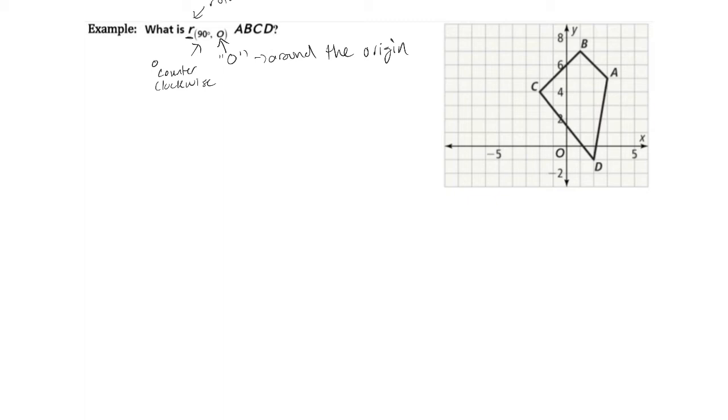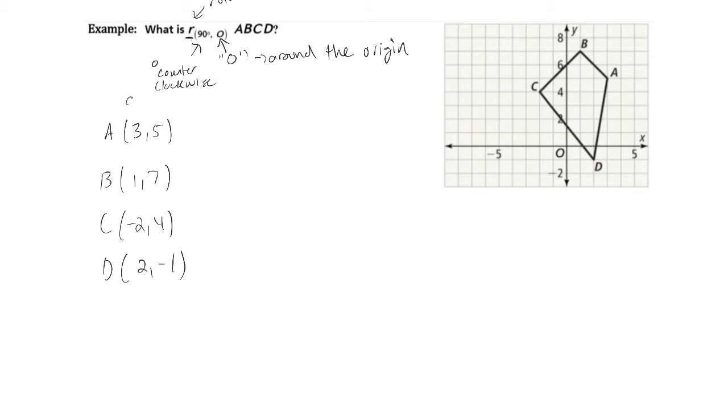Okay, so you can start with any point. A, we know, is at (3, 5). B is at (1, 7). C is at (-2, 4). And D is at (2, -1).